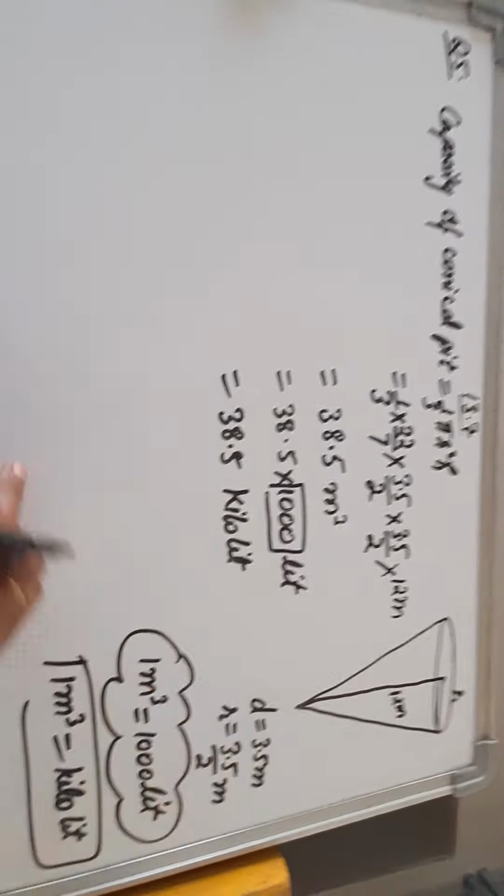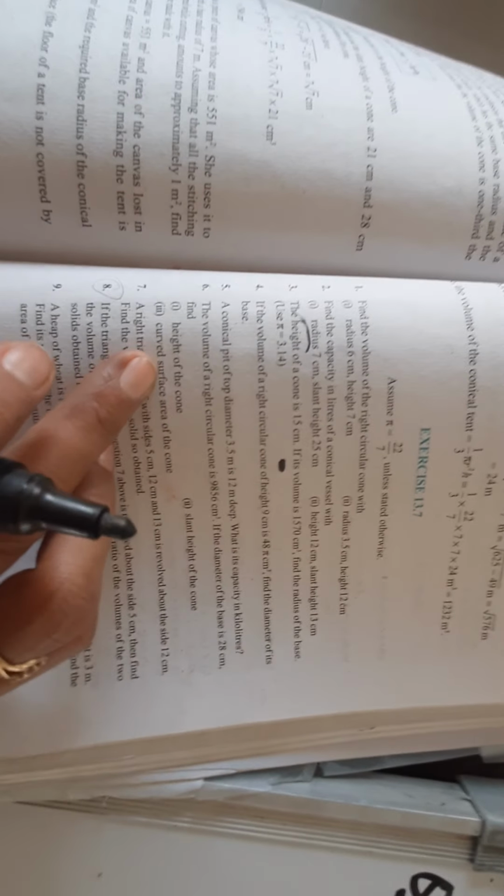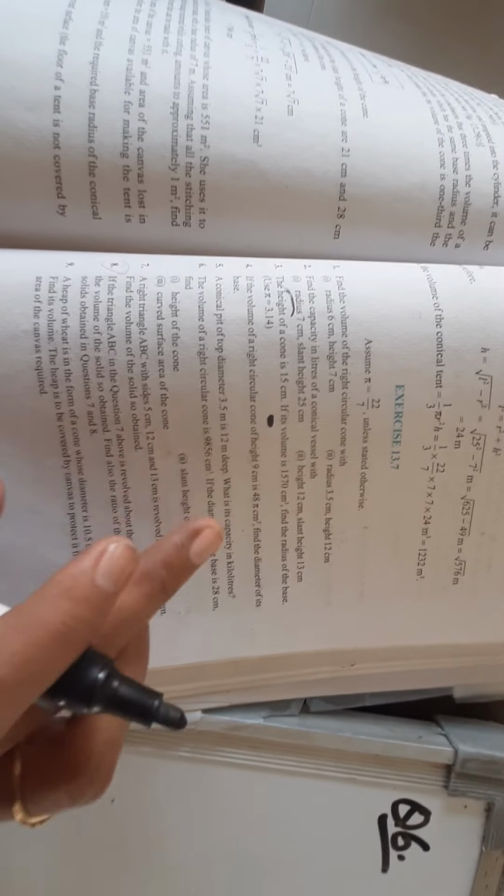Now let's do question number 6. The sixth question is: the volume of a right circular cone is 9856 cubic centimeter. If the diameter of the base is 28 centimeter, find the height of the cone, slant height of the cone and curved surface area. So what is given to us?